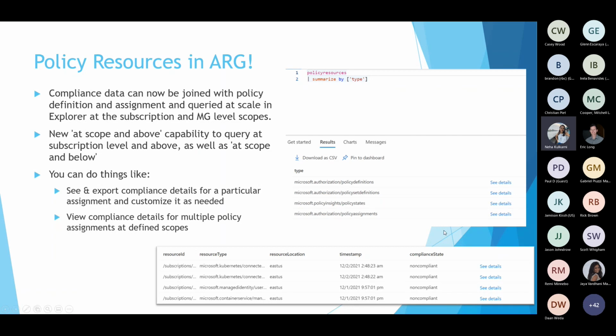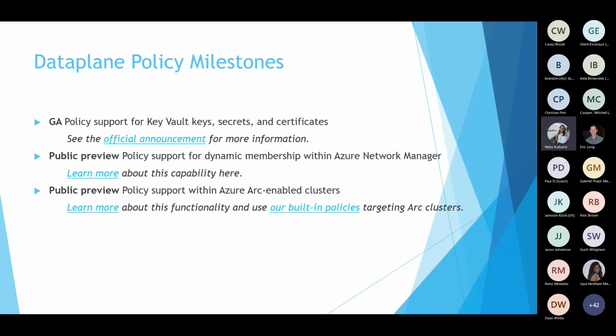Next slide, please. Awesome. And for those of you who are familiar with our data plane policy offerings, we have a few milestones there that are really exciting. We did mention this a few times, but as Kimberly mentioned, just want to provide this with a greater audience. The first one is our GA policy support for Key Vault keys, secrets, and certificates.